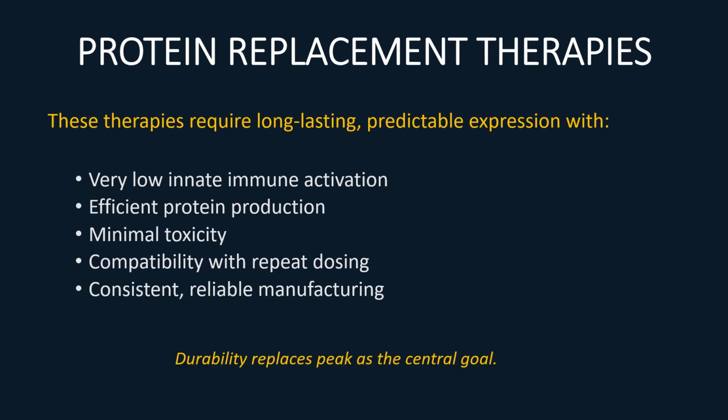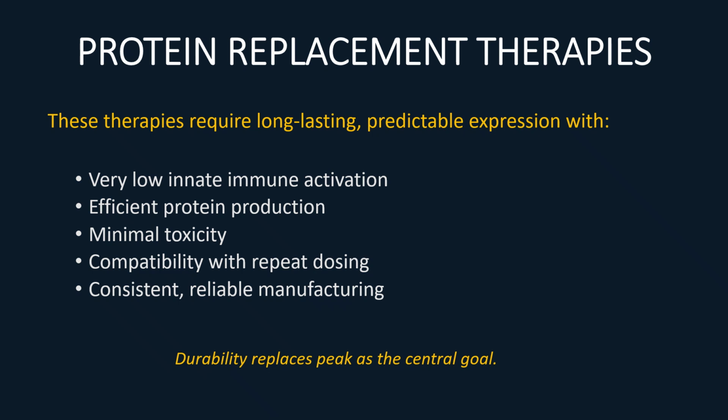But now, when it comes to protein replacement, it is a different problem from vaccines. Here, you are not trying to spike expression and let it disappear. You are trying to recreate a missing physiological function, sometimes for weeks. So that means expression has to be stable and predictable as well.